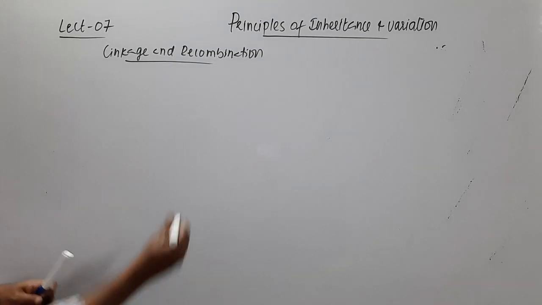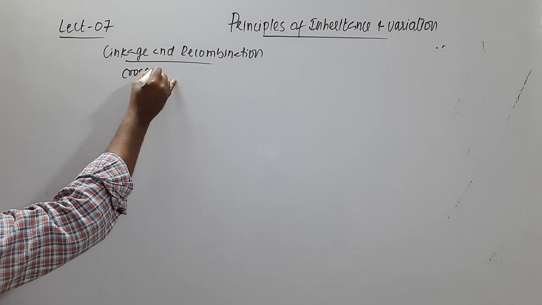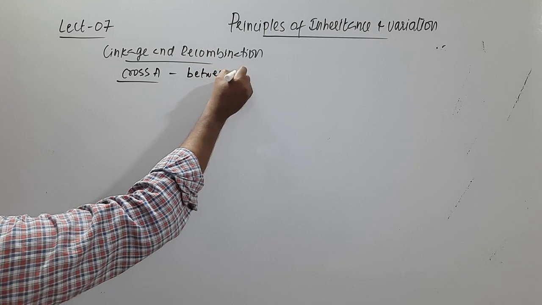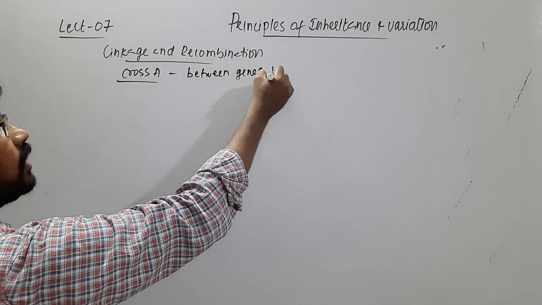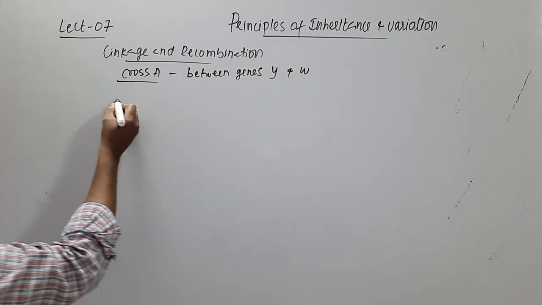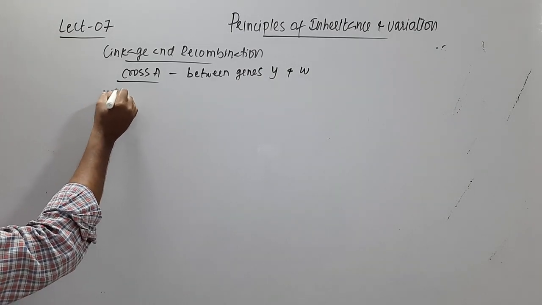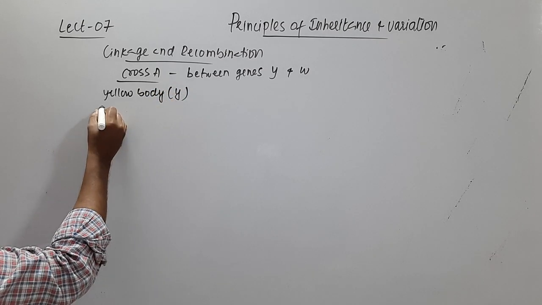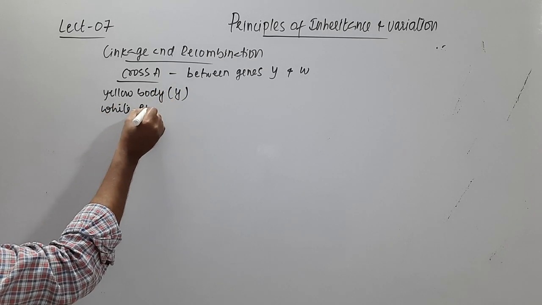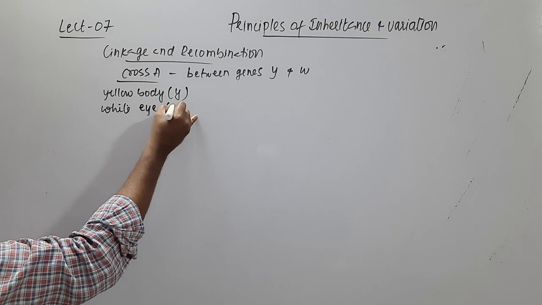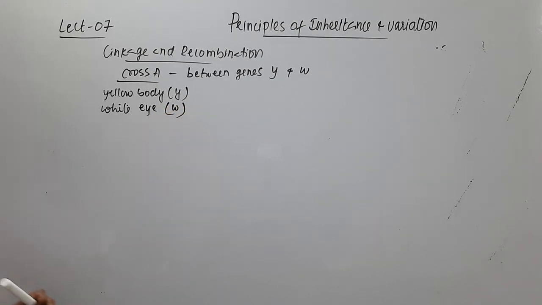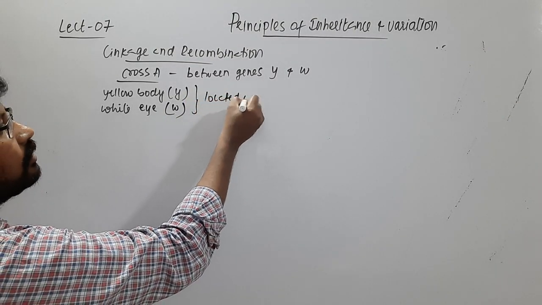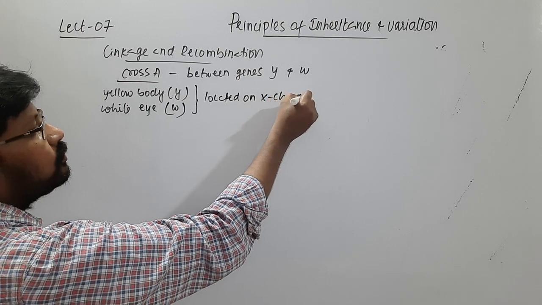Let's see cross A. This cross is between genes Y and W: yellow body is Y and white eye is W. These two genes are located on the X chromosome.